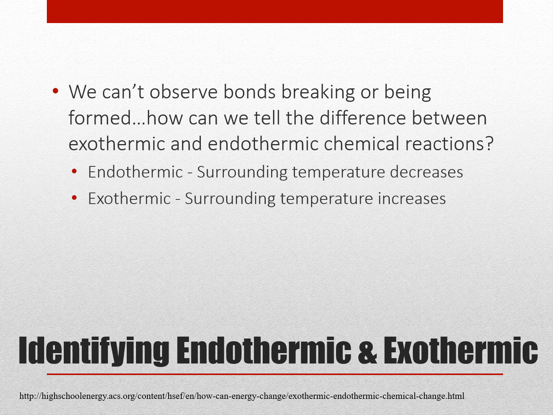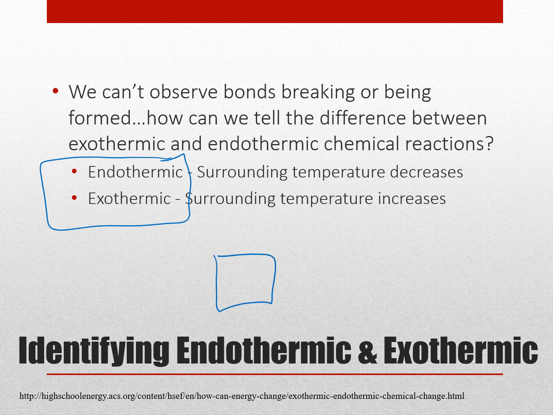We also can't observe the bonds breaking or being formed, so what we do is we try to compare the energies before and after. That's where you look at your endothermic and your exothermic processes. If your surrounding temperature decreases, that is an endothermic process. Why?